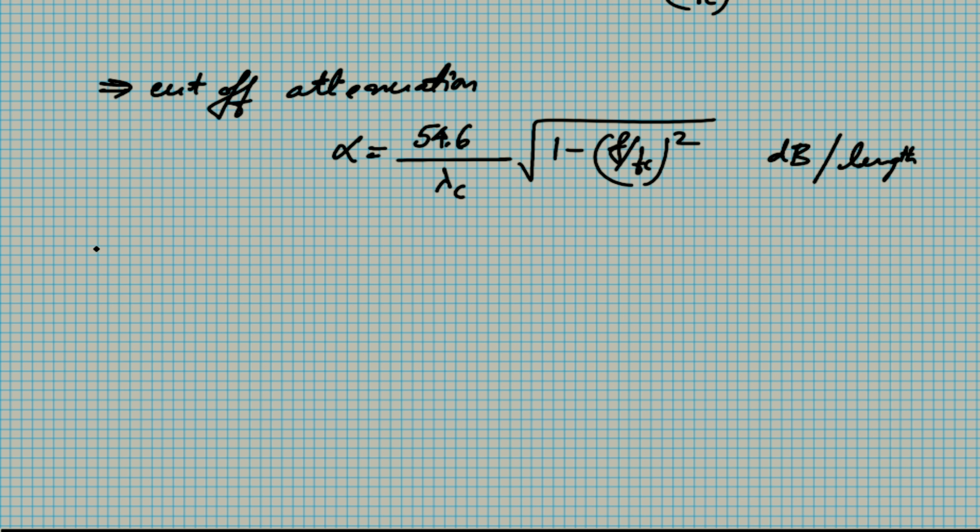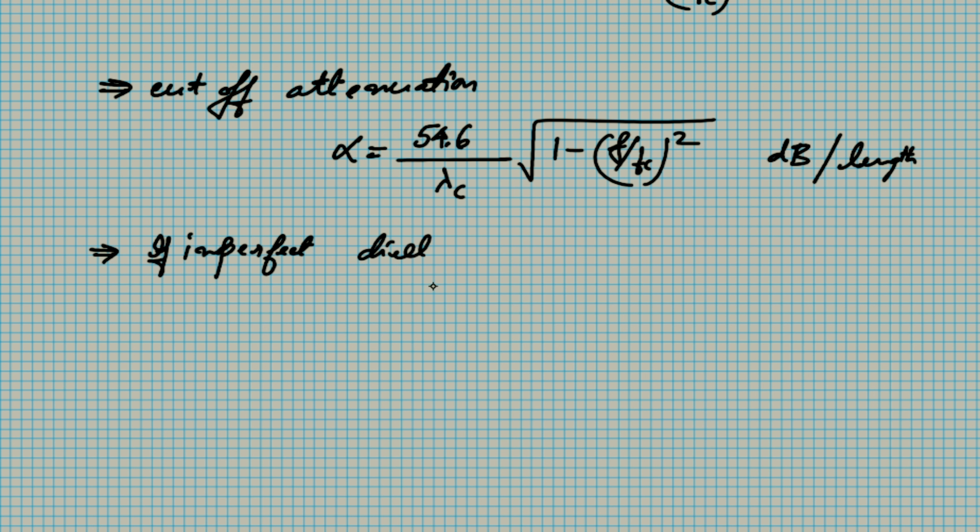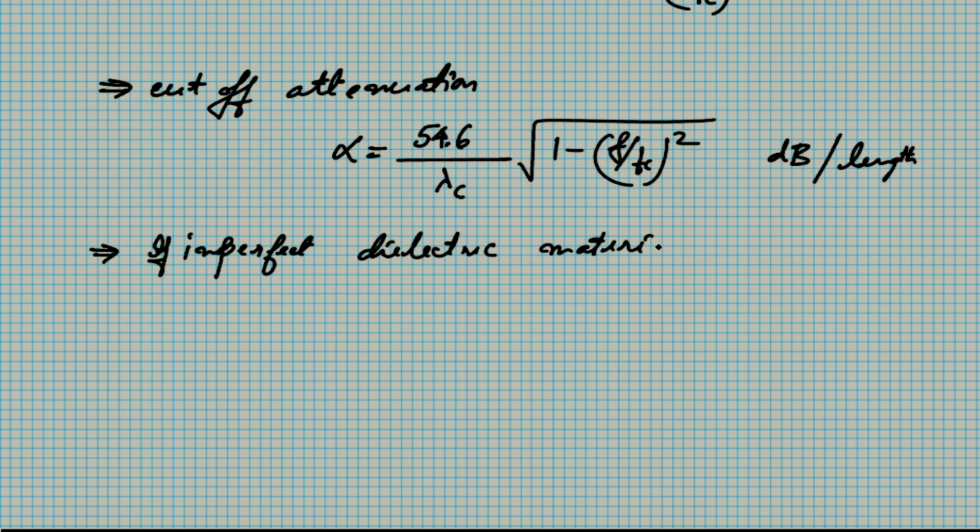If an imperfect dielectric material is used, then we call it alpha d, the attenuation constant because of the dielectric.